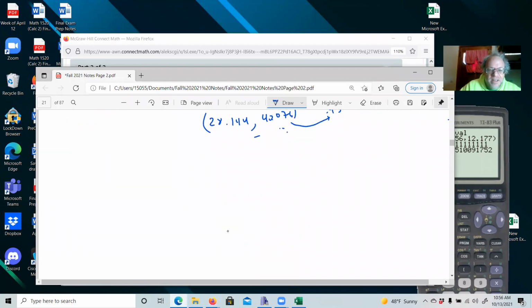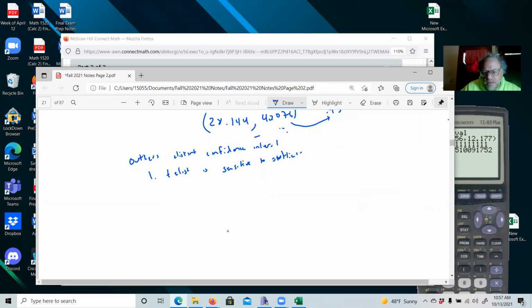Outlier distorts the confidence interval. One, the T distribution is sensitive to outliers. And two, the standard deviation is wider than it should be.